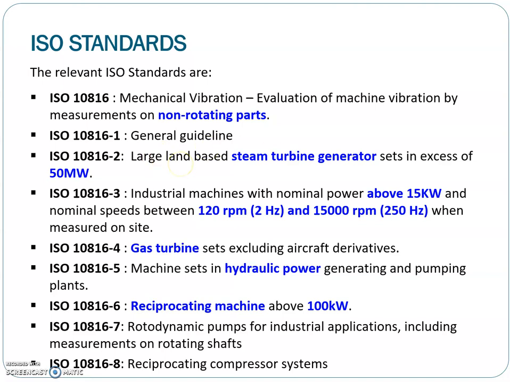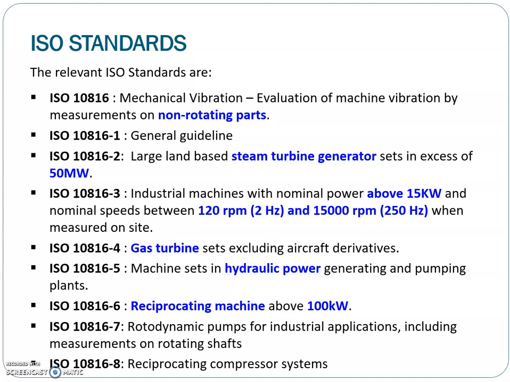Part 1 of this standard is just the general guidelines. Part 2 is for steam turbine generator sets. Part 3 is the most common part that we use, and involves most of the industrial machines. Part 4 is for vibration monitoring of gas turbines.